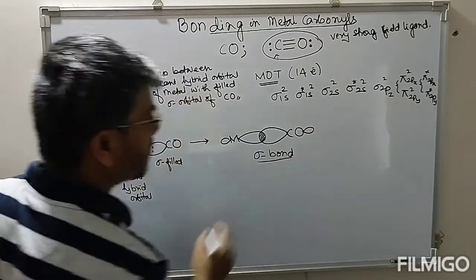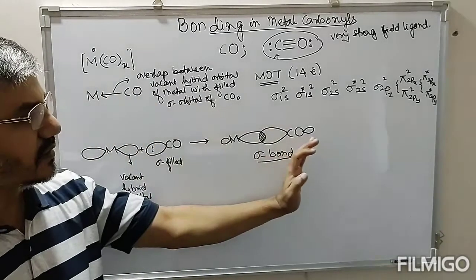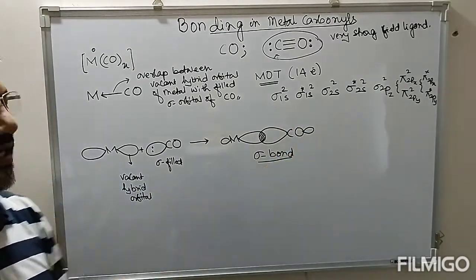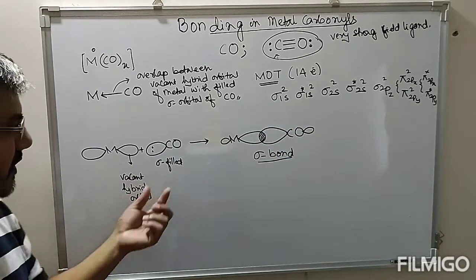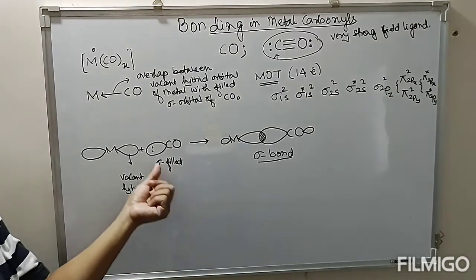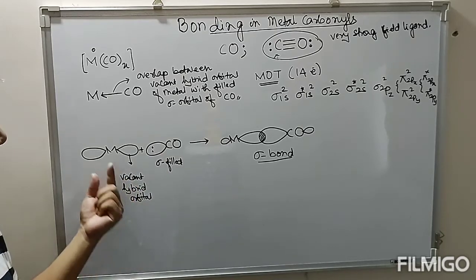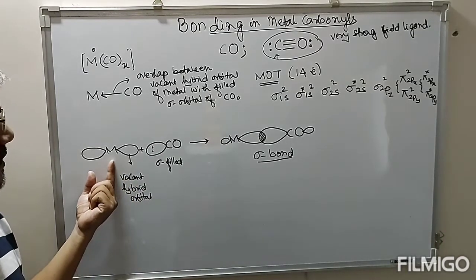As I told you, the sigma bond between the metal and the ligand carbon monoxide is formed by overlapping the filled sigma orbital of carbon monoxide containing a pair of electrons with the vacant hybrid orbital of the metal.